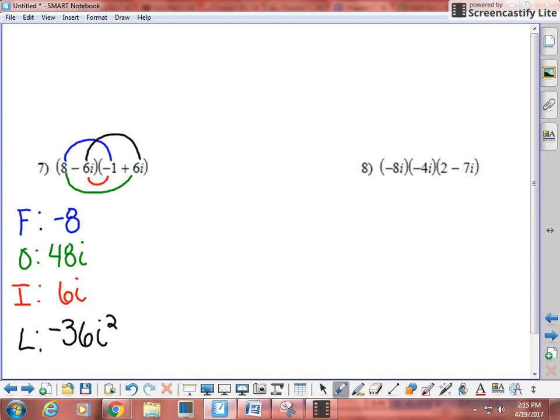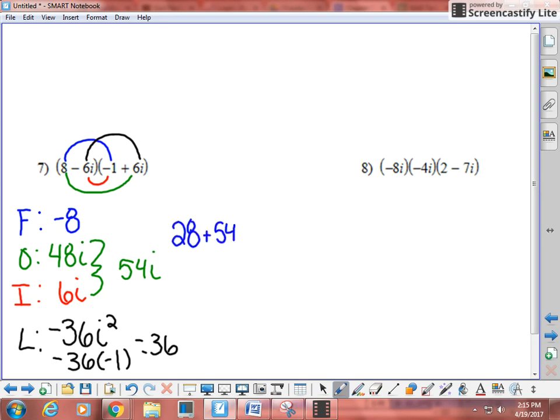Remember that i squared is negative 1, so it's really 36 times negative 1, which is a positive 36. I'm going to combine my i's together, and 48 plus 6 is 54, so I have 54 i's. Now I have numbers and I have imaginary, so my numbers come first. Negative 8 plus 36 is going to give me 28, and then plus 54i. Reals first, imaginary second.